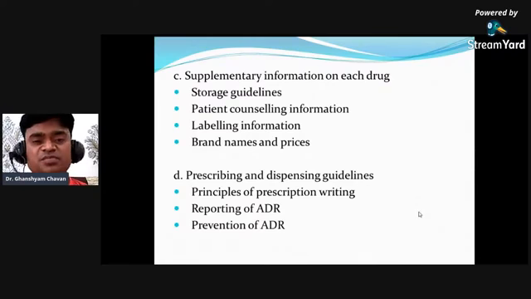Brand names and prices. As I mentioned earlier also, that depends on the company. It varies from one industry to another industry. The companies which have high turnover, which have a high reputation in the market, their brand names may have high prices. And likewise, it varies.